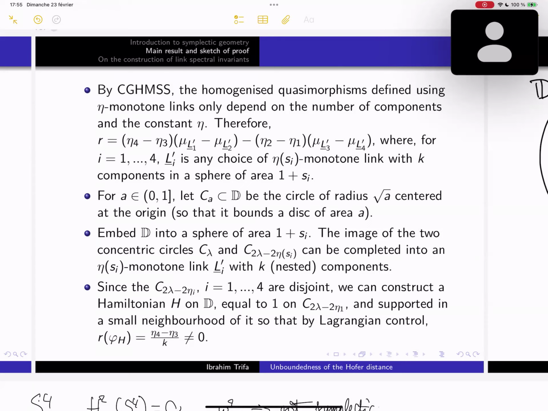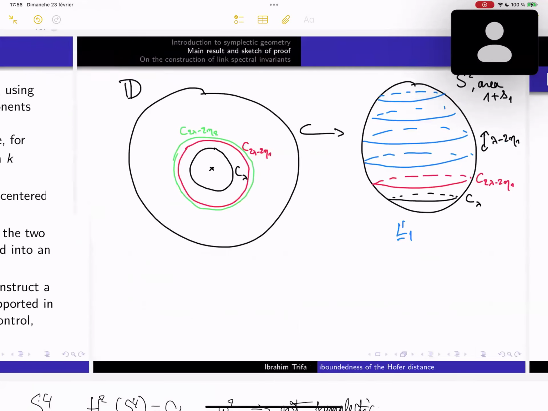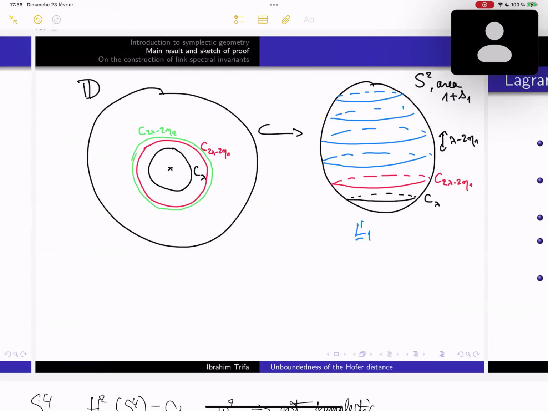So we will construct such links in the following way. For a real number A, we denote by C_A the circle of radius square root of A centered at the origin, so that this circle bounds a disk of area A. I drew a picture here. This is C lambda in the middle, which bounds a disk of area lambda.